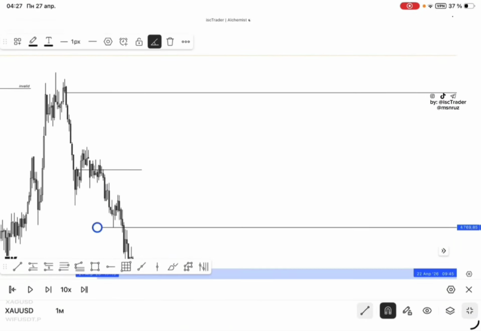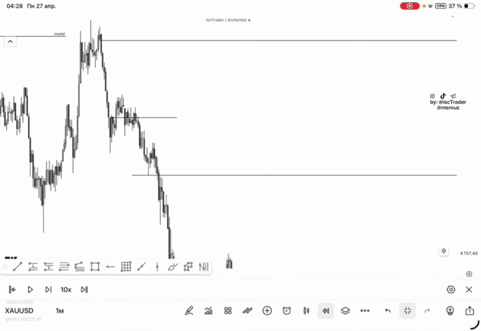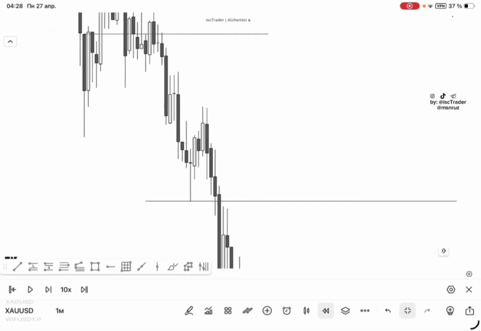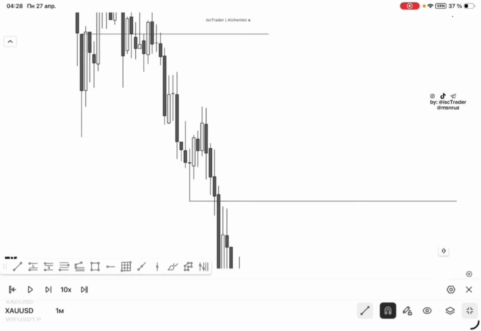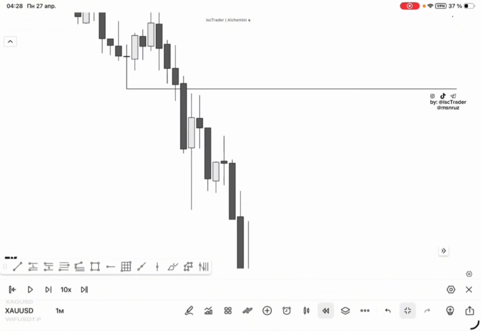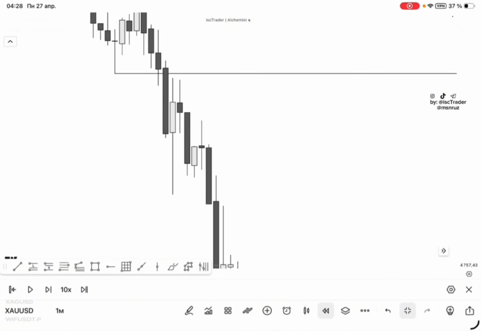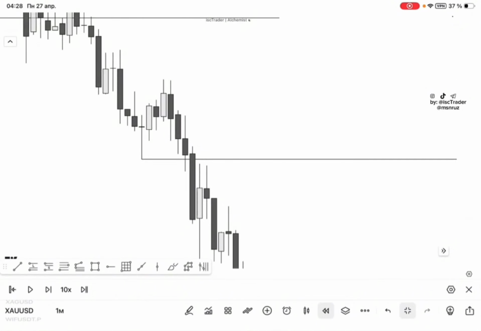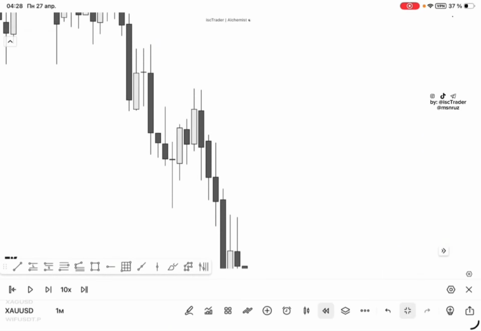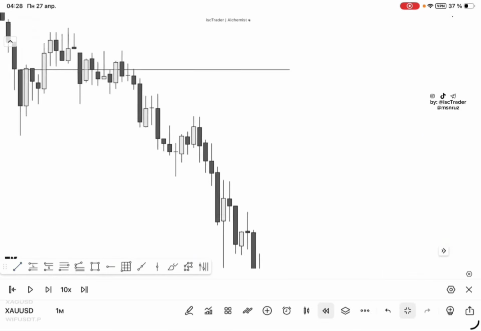We have an open candle level right here. Okay, open candle level invalid zones. These are also invalid, but these are inducement.